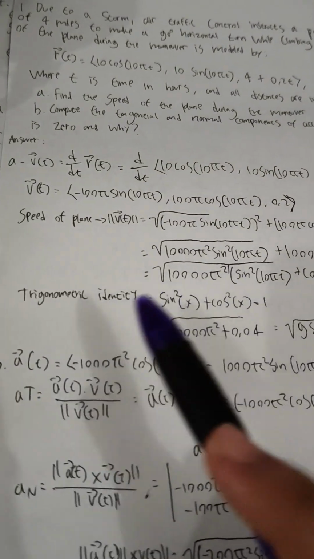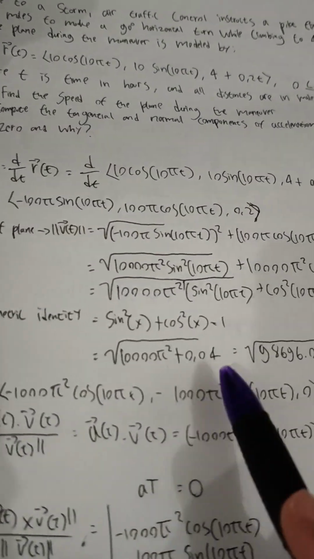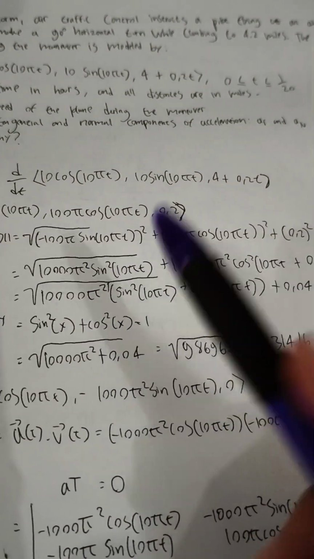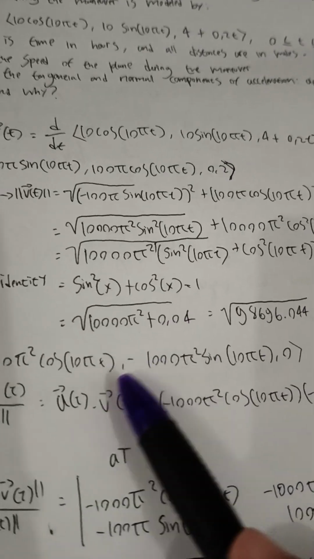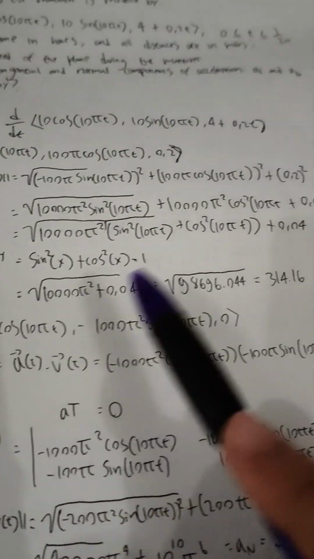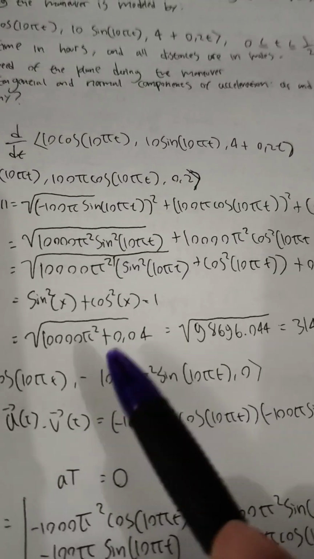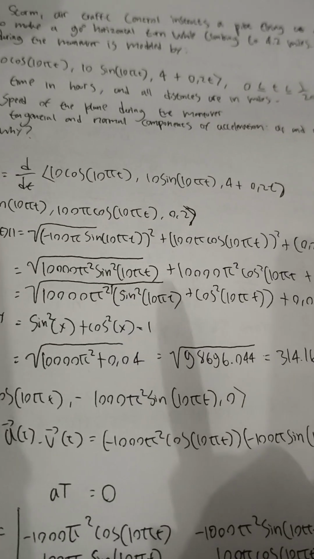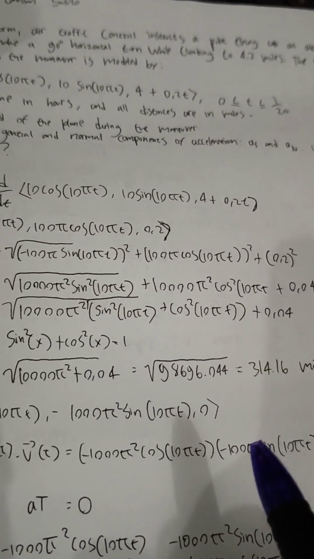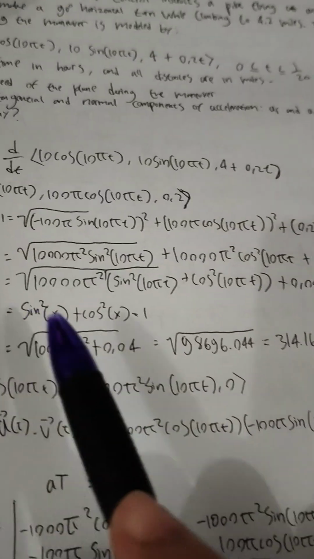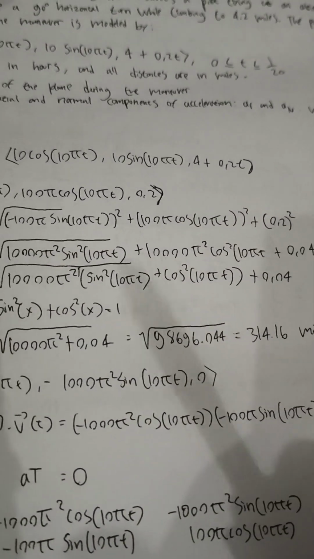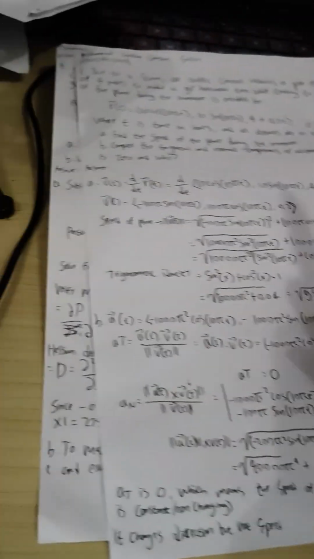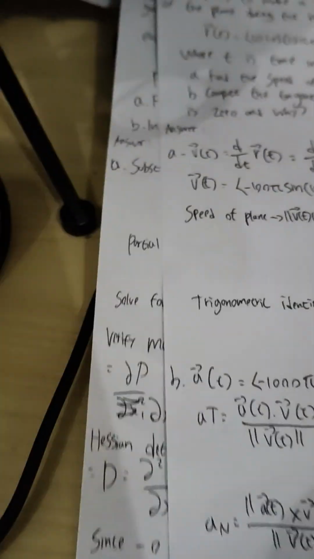Thanks to the trigonometric identity sin²x plus cos²x equals 1, those two terms reduce, and we just have two terms left. Roughly 10,000π² is roughly 98,696.04, plus 0.04, so we get roughly 314.16 miles per hour. That is the speed of the plane.